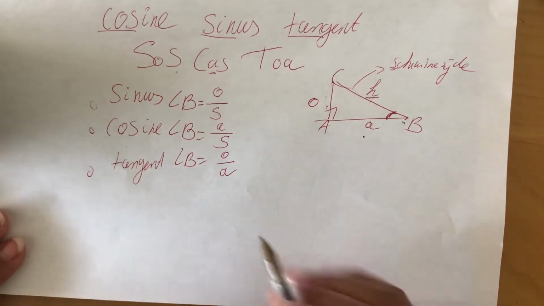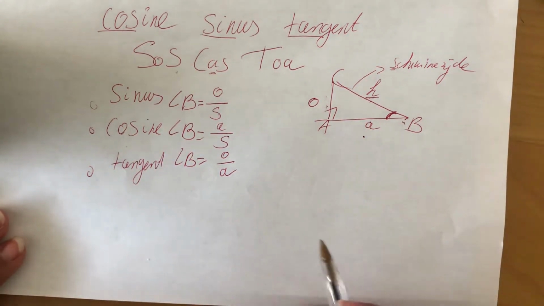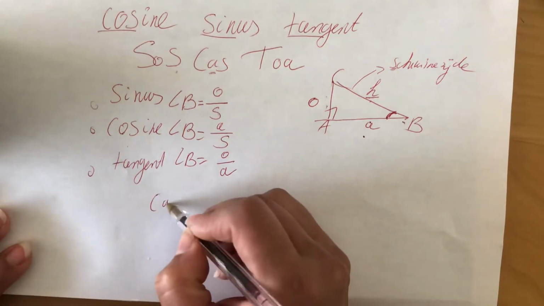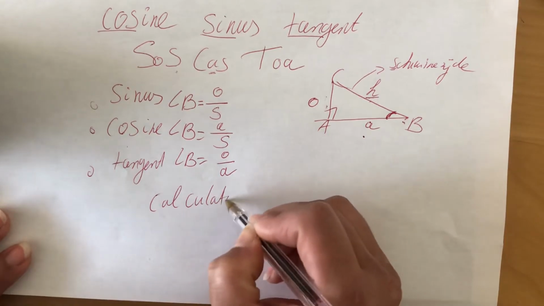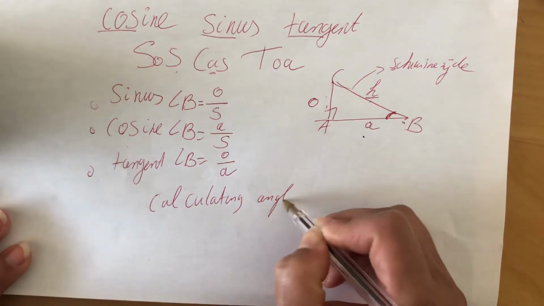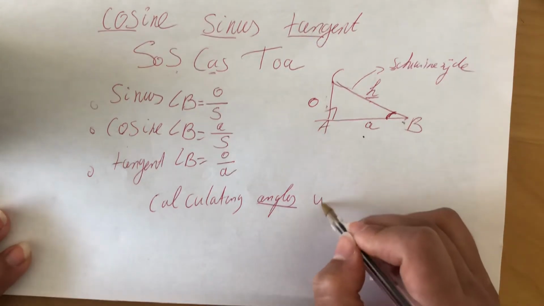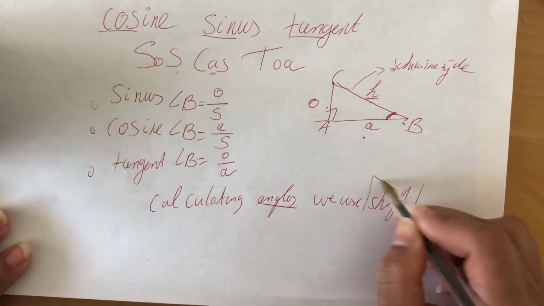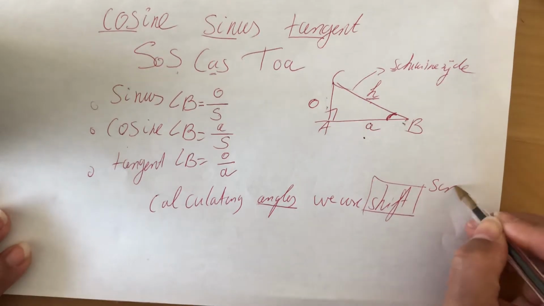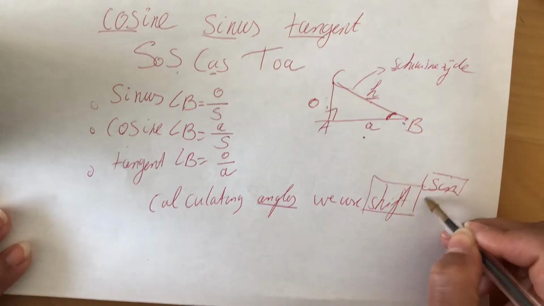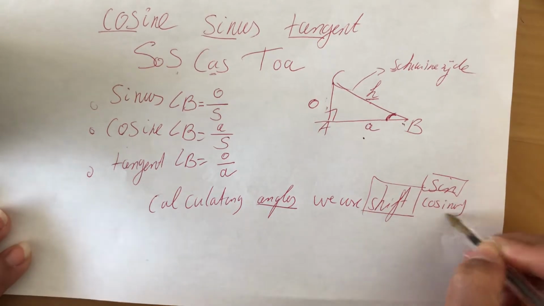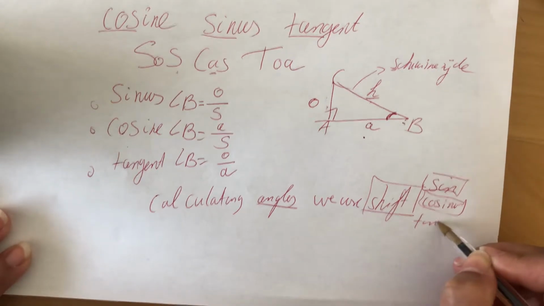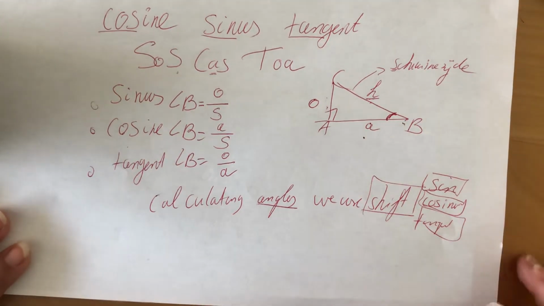Well, first of all, in this case, also what we did in class, calculating angles, we use the shift function. Could be shift sinus, could be shift cosinus, but it could also be shift tangent, depending on what you use.